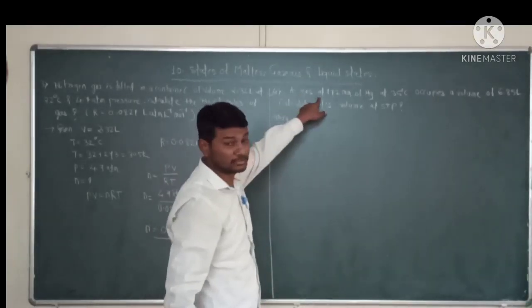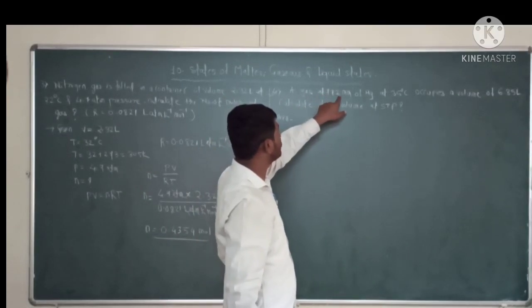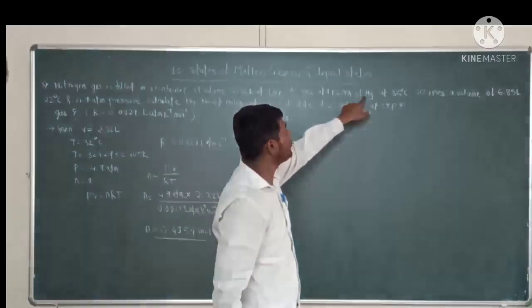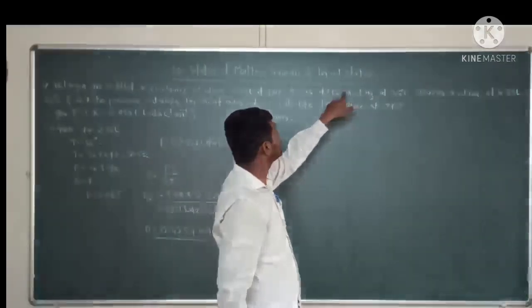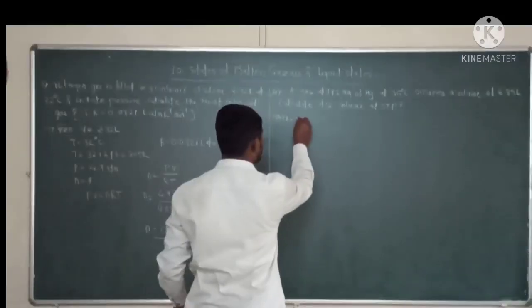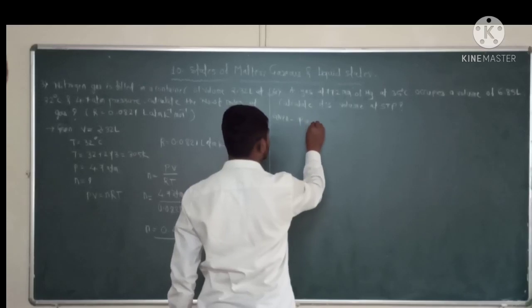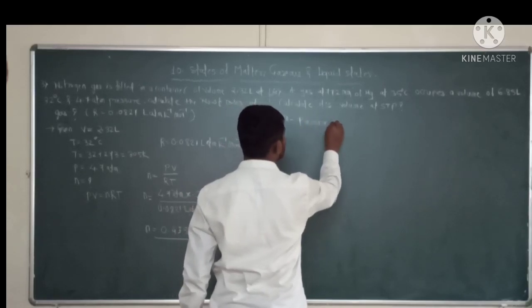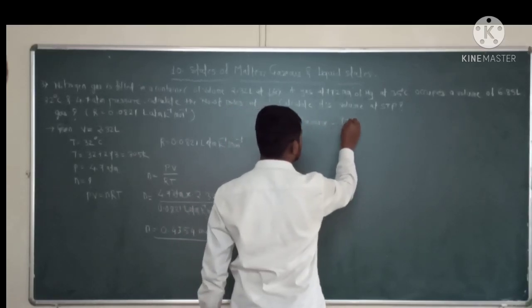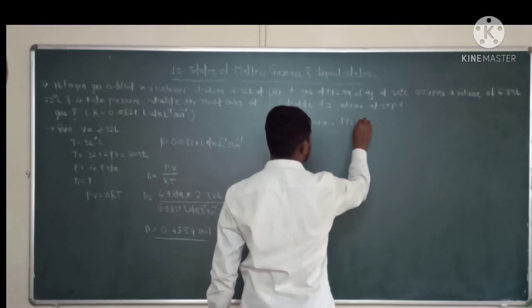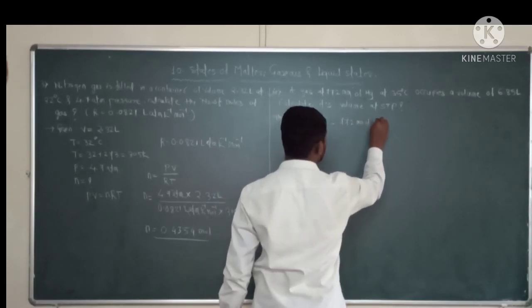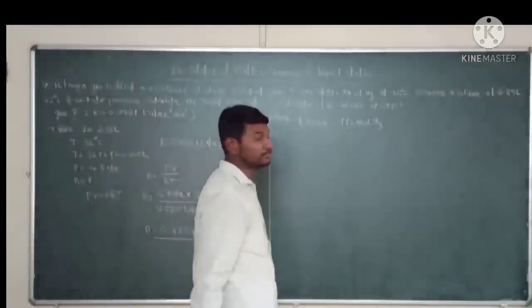A gas at 772 millimeter of mercury, this is the pressure, that is P, pressure. P is equal to 772 millimeter of mercury. Okay.